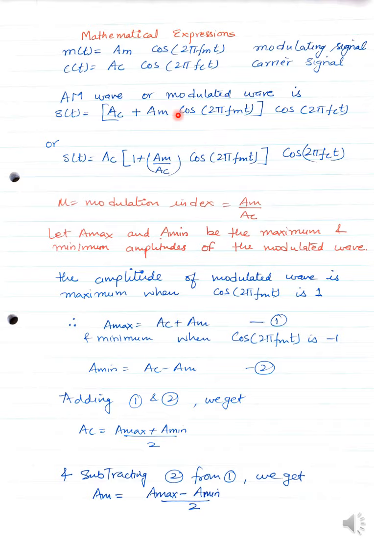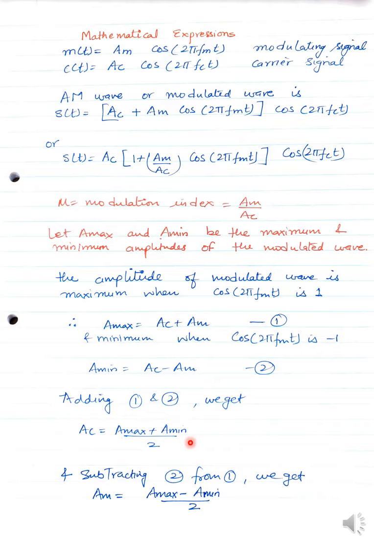When this has its maximum value, the amplitude will be maximum. So Amax equals Ac + Am at cos 2π fm t = 1, and the minimum, when it equals -1, will be Ac - Am.